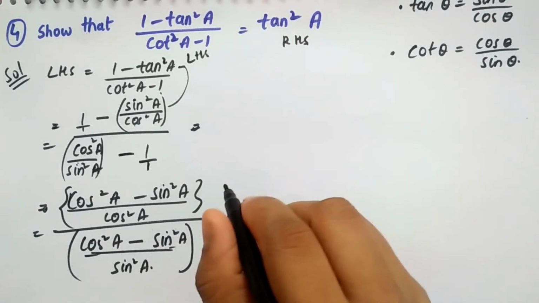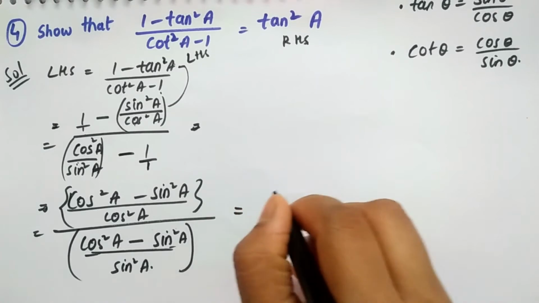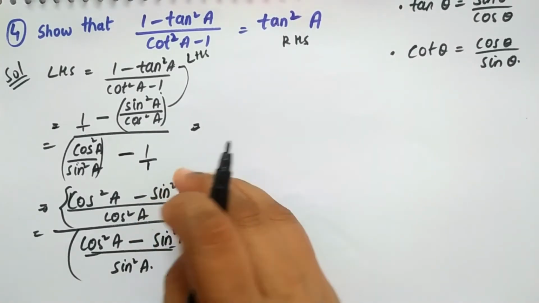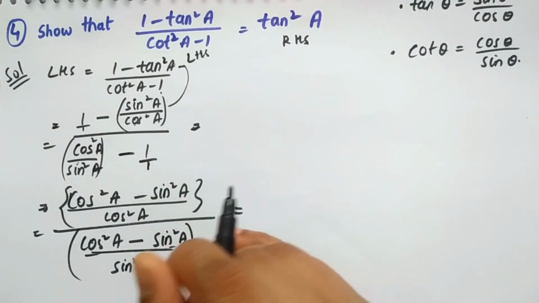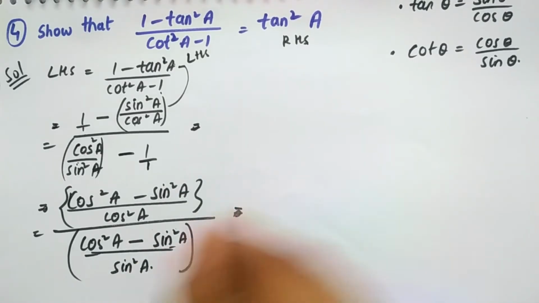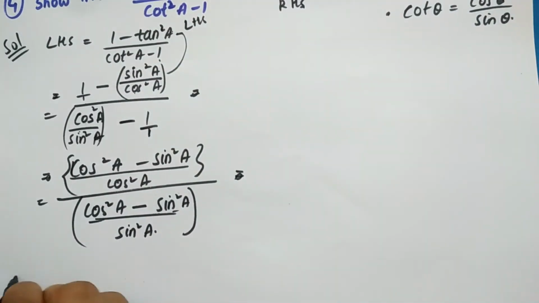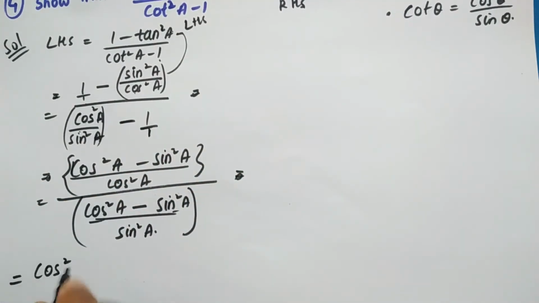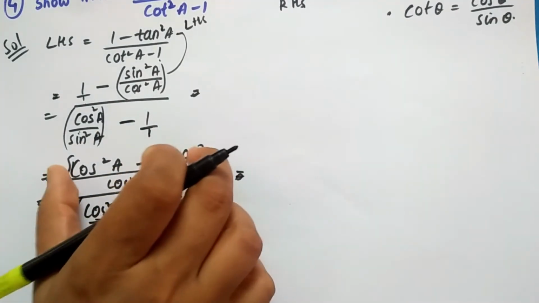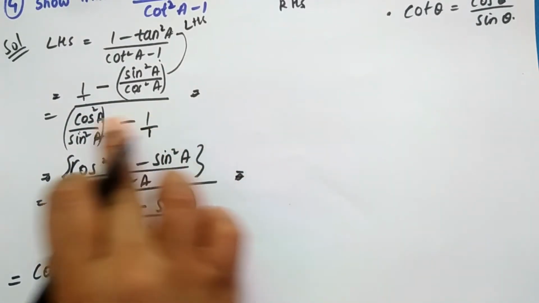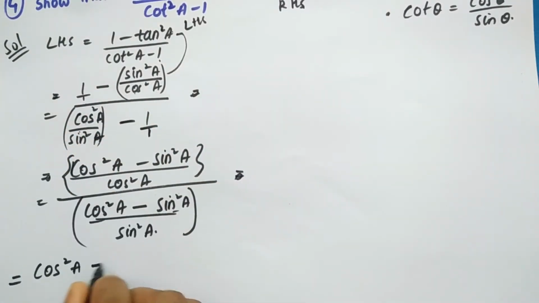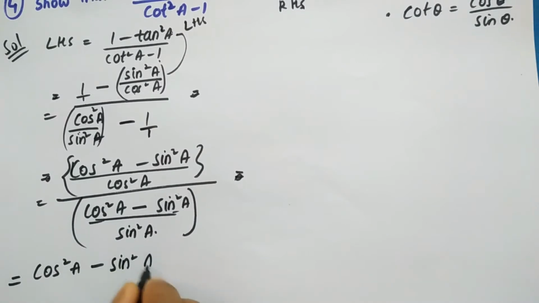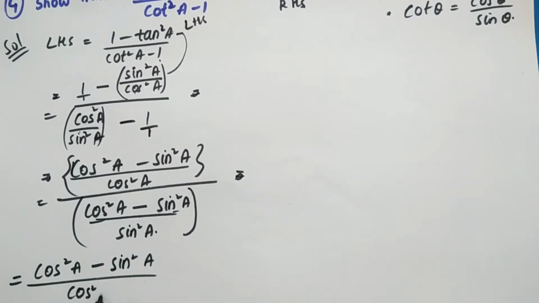What do we get here? Since there are so many numerators and so many denominators, the best thing we always do in our problems is simplify it into the normal form. First we'll copy the first part, the whole big numerator, cos square a minus sine square a divided by cos square a.